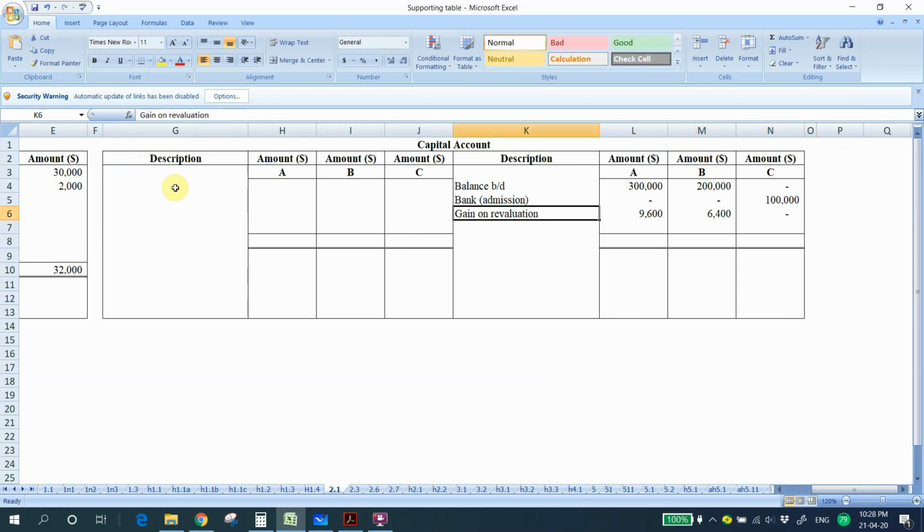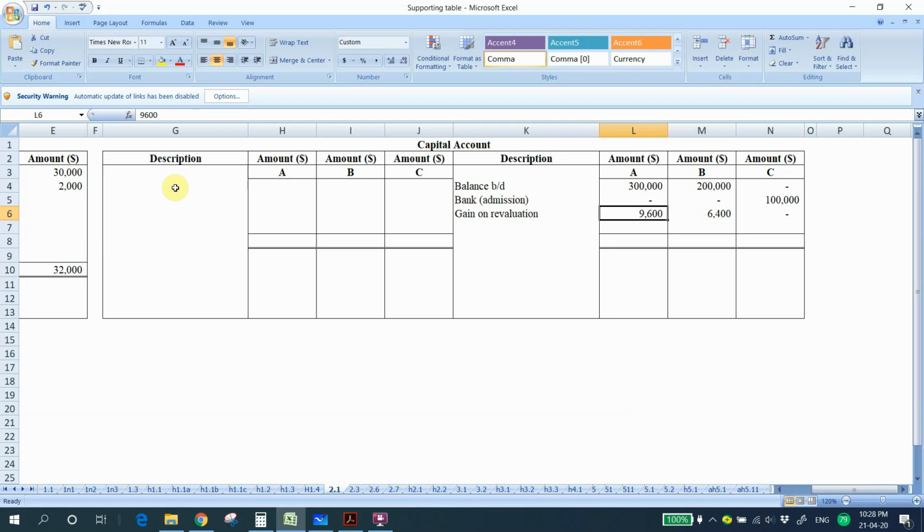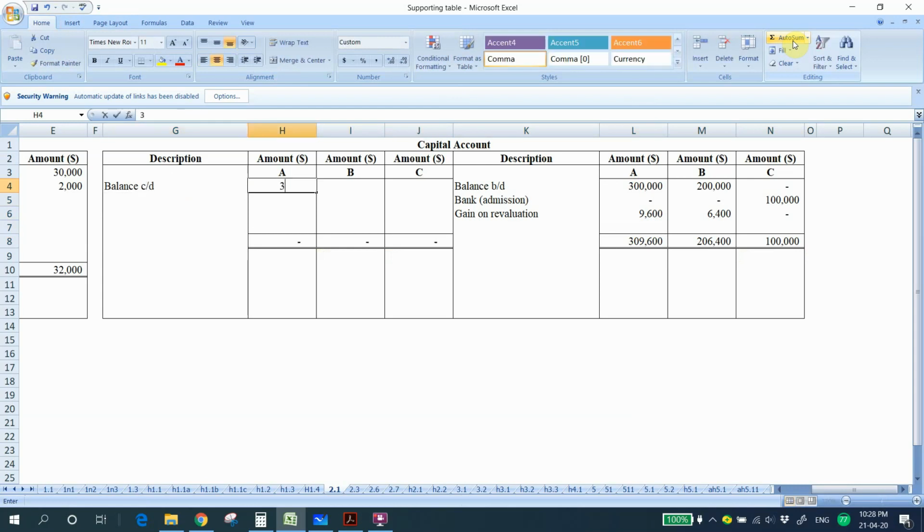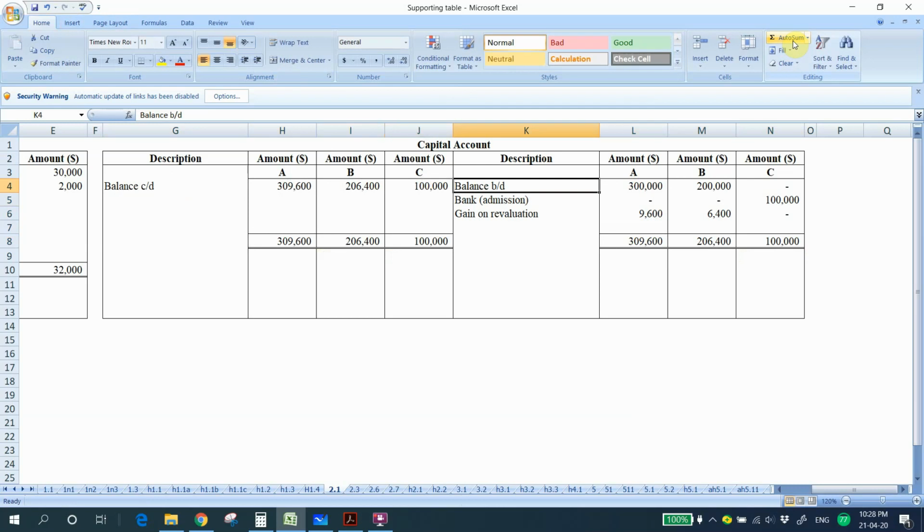That's why every gain or loss shall be shared to the existing partners first. So we can total the amount. So we have a balance c/d. So that's all for the capital account.